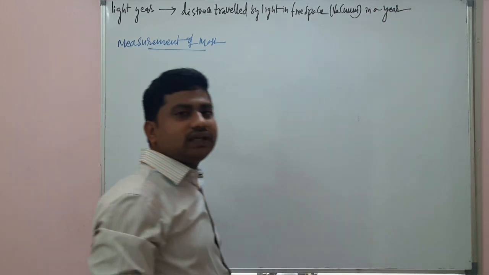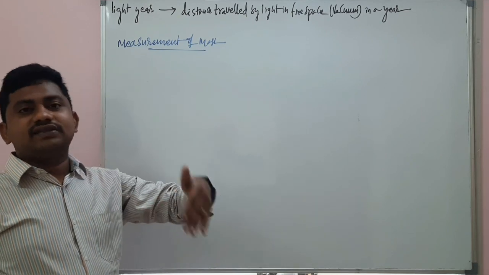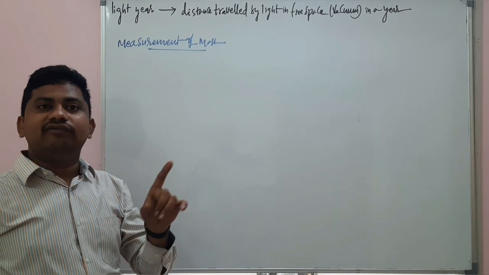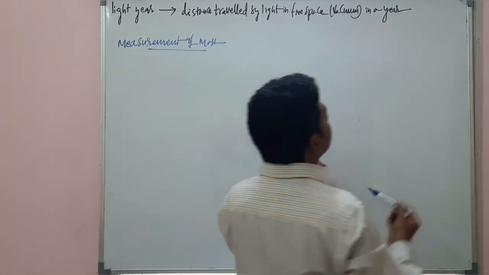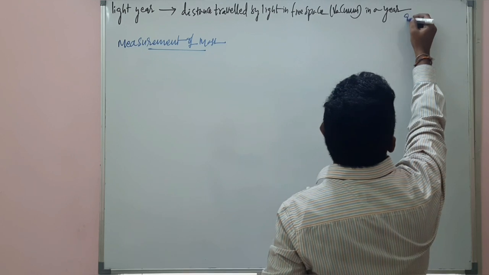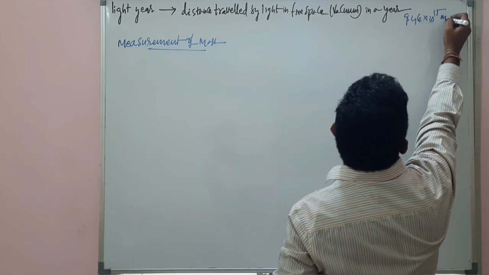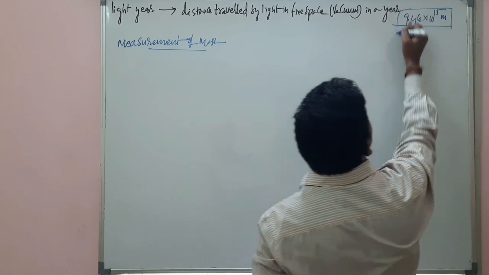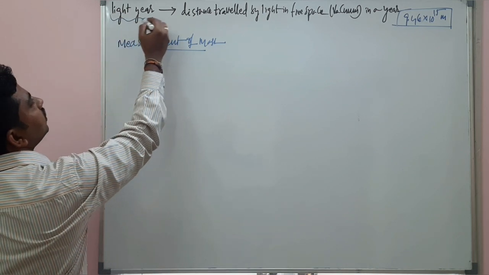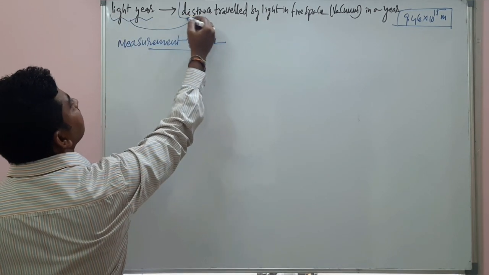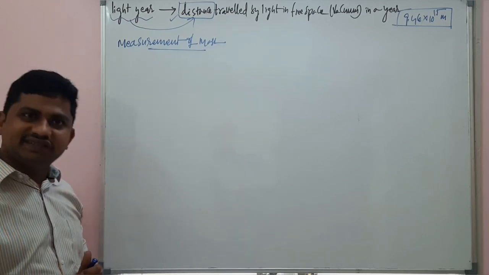That means the distance traveled by light in vacuum in 365 days is called a light year. And the value of the light year I had already written: 9.46 into 10 raised to 15 meter. So finally, light year is the unit of distance. Okay. It's not the unit of time.